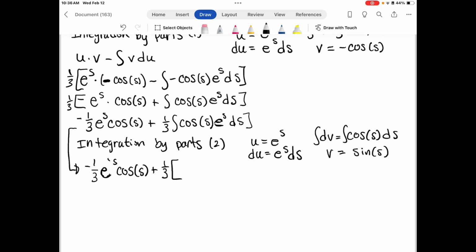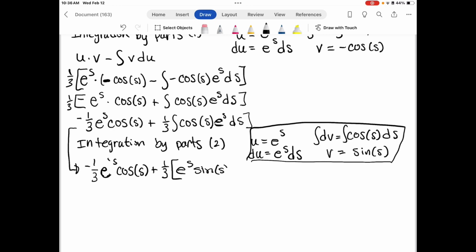Using all this information here, we're going to have e to the s times sine s minus the integral of v du. So I have sine s, and du is going to be e to the s ds.